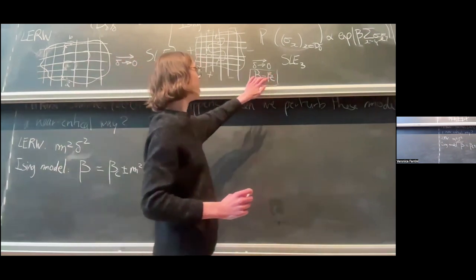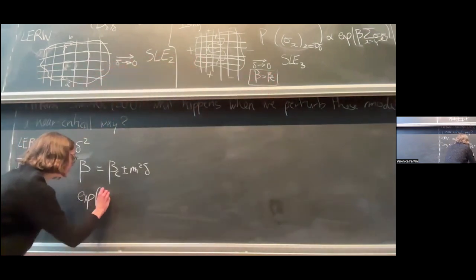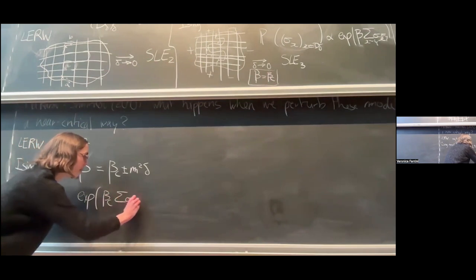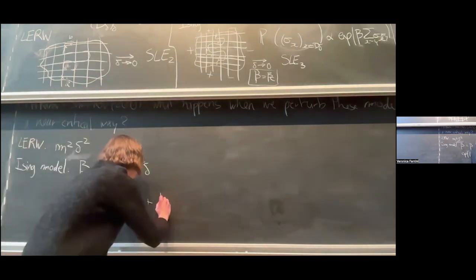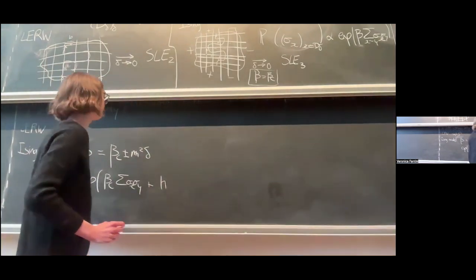The other natural perturbation in the Ising model that will be of interest today is that you still keep the critical temperature. So you still have the same nearest neighbor interaction term, but now you add an external field to the model. For the moment, it's a constant, but then I can take it more general.